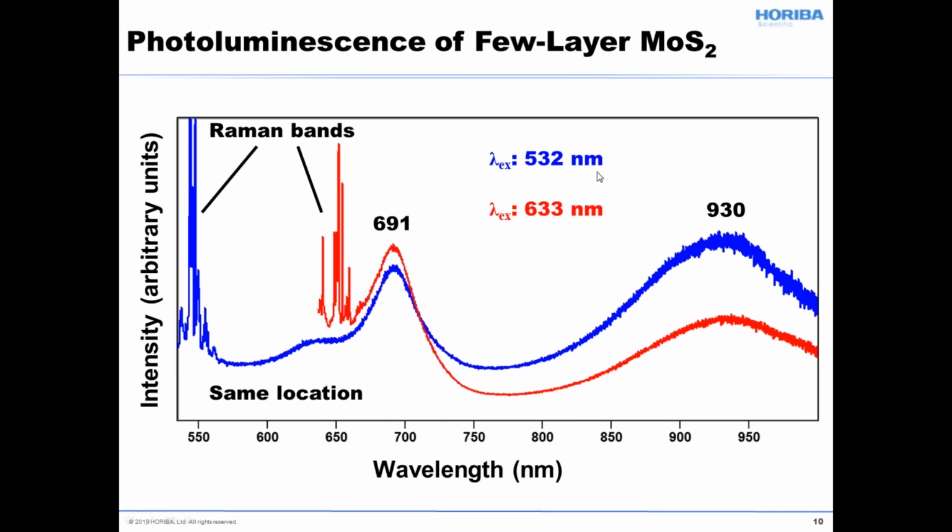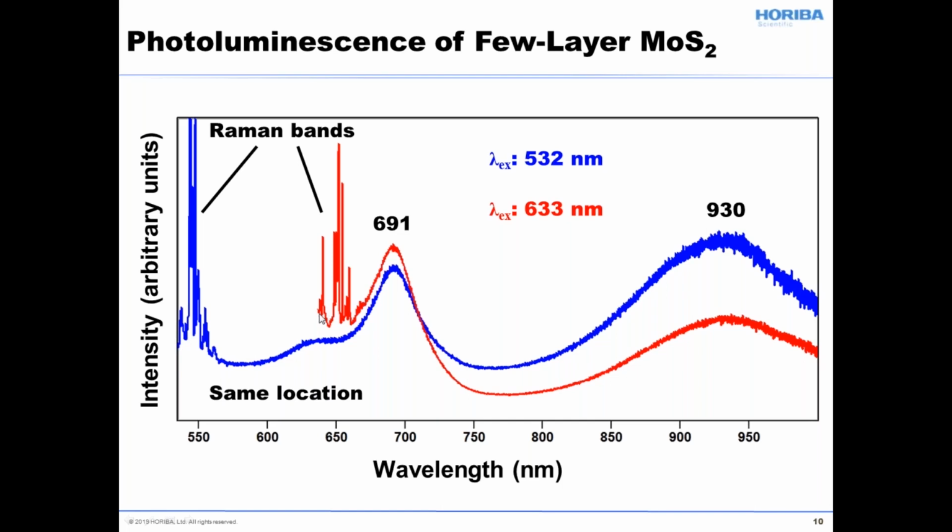We're exciting at both 532 and 633, and so the Raman bands occur, if we're plotting on an absolute wavelength scale, at an absolute wavelength that's, of course, always shifted relative to the laser line, which would be around here for 633 and somewhere over here for 532.